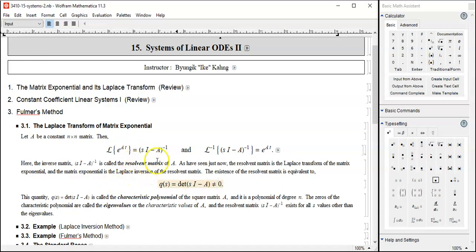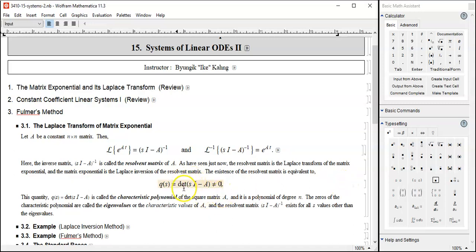So the existence of the resolvent matrix, and consequently the matrix exponential, is equivalent to the characteristic polynomial being non-zero, or yes, Q of s is not zero. So s is not a zero of the characteristic polynomial. That probably is the better way to say the same thing.